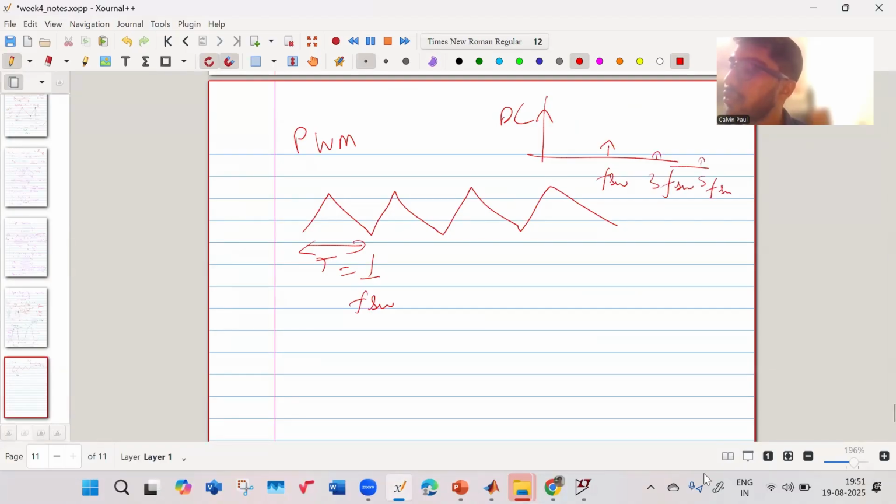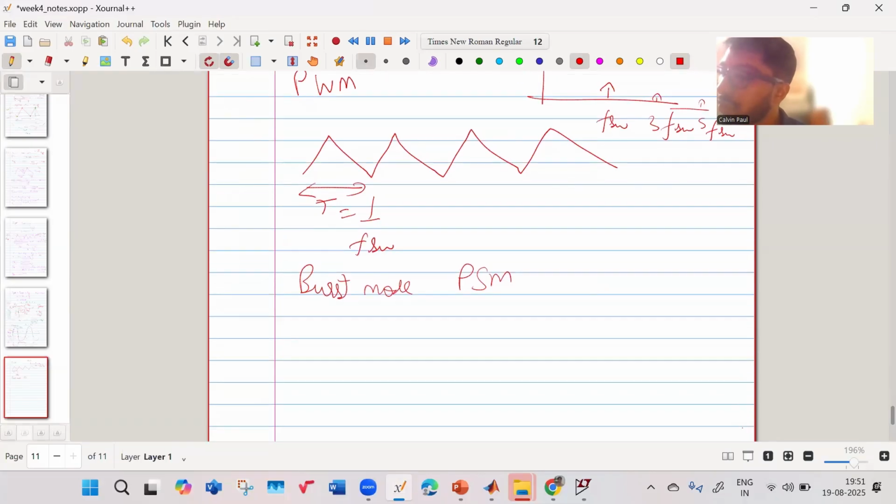But in burst mode control or PSM control, it will be on for some time, off, and again turn on.